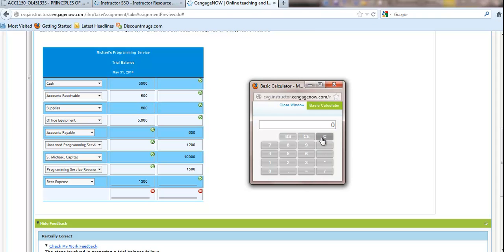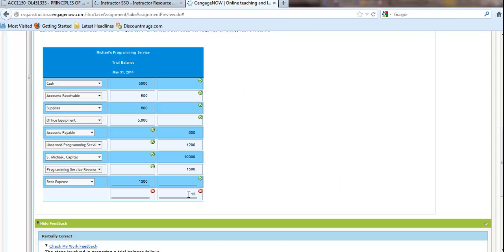Let's try that again: 600 plus 1,200 plus 10,000 plus 1,500, and we get 13,300. And if I add up all of my debit accounts, those also equal 13,300.